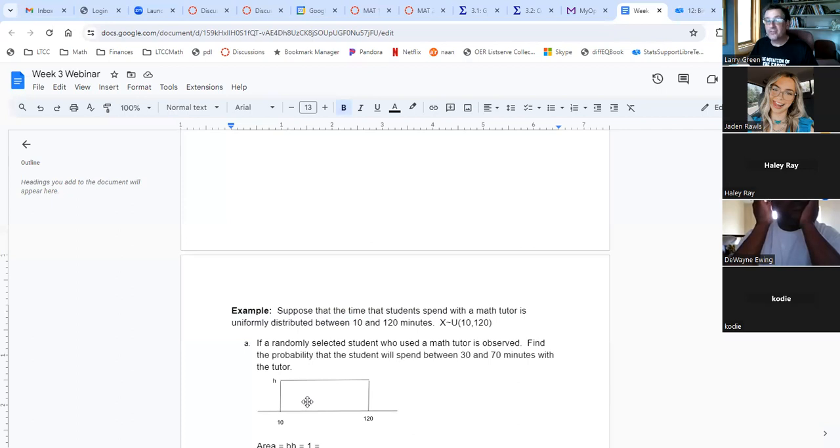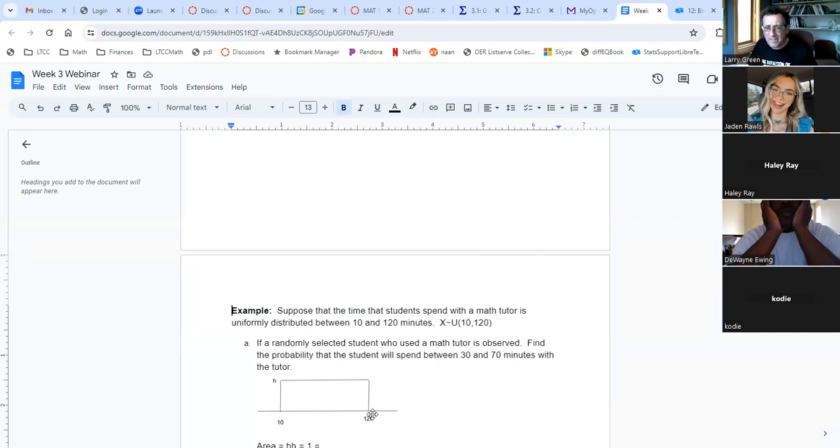When you have a uniform distribution, there's a 100% chance that a randomly selected student will be at least as big as the smallest number you can possibly be, and no more than the biggest number you can possibly be. You see how that works? So the area of the whole rectangle will be 1.